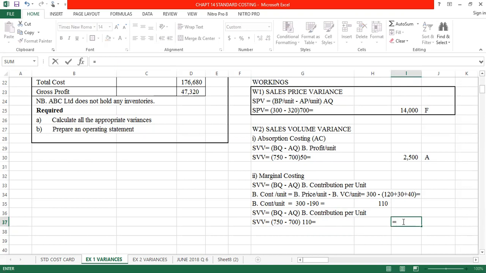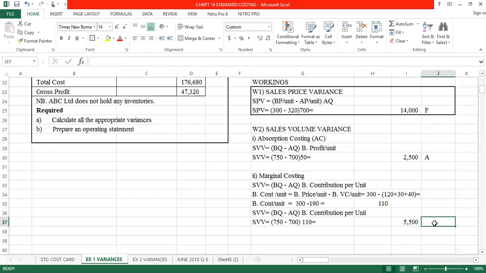So you take absolute figure, 750 minus 700, close the bracket, times 110. What do you get? 5,500. We had budgeted again to sell 750. We sold 700. So in that case, what do we get?